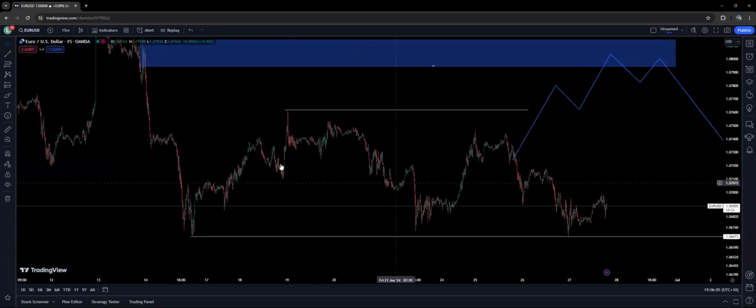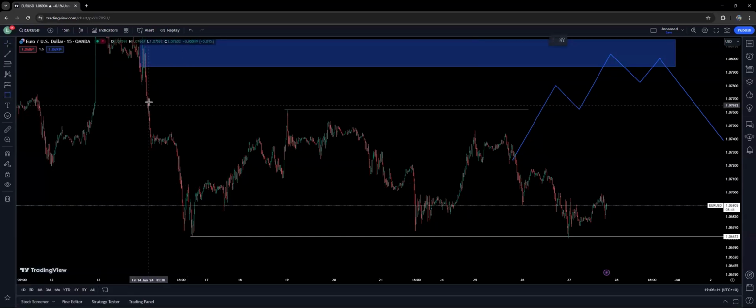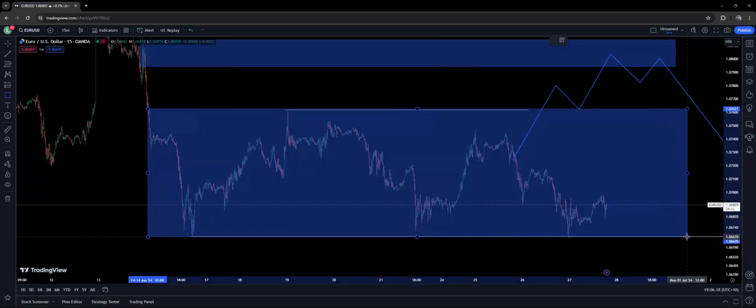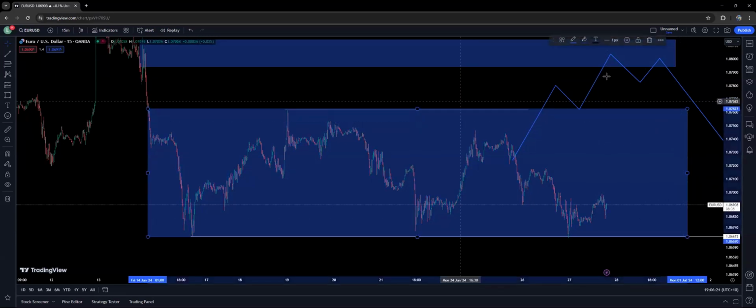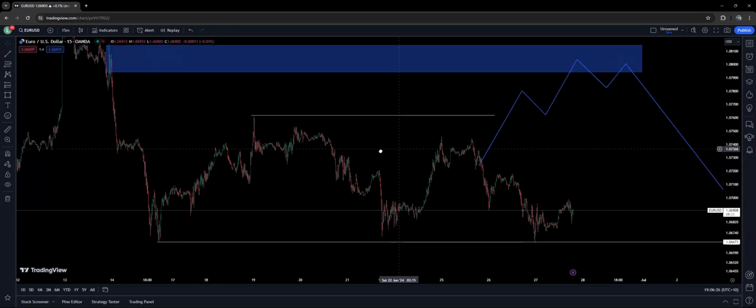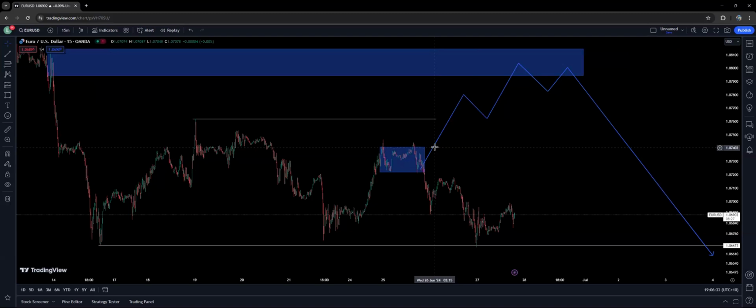I was looking like we could break this stop here, but in the end, this is a consolidation zone right here, let's say. So that did catch me off guard, because it was accumulating on this area.